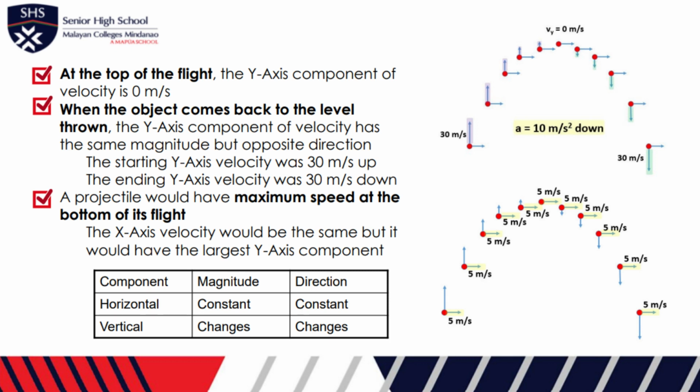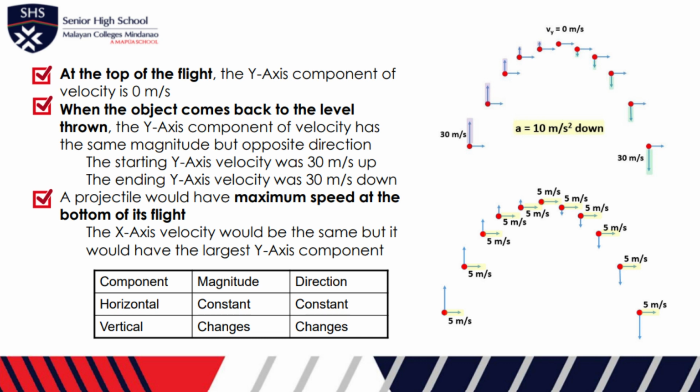And when the object comes back to the level thrown, the y-axis component of velocity has the same magnitude but opposite direction. The starting y-axis velocity was 30 meters per second up, while the ending y-axis velocity is 30 meters per second down. You will know later as we solve that the positive and negative values will tell us if the velocity is going up or going down.